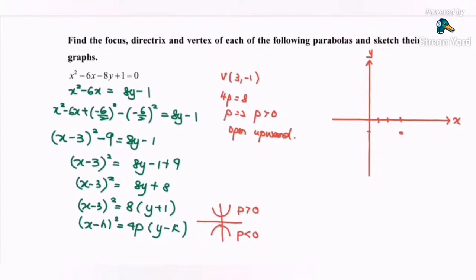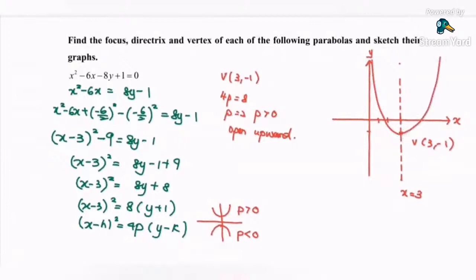As we can see, we have x squared, so it means that the symmetrical axis is parallel to y-axis. x is equals to 3. And we have the vertex 3, negative 1. And we know that the graph is open upward. So let's say the situation is something like this.